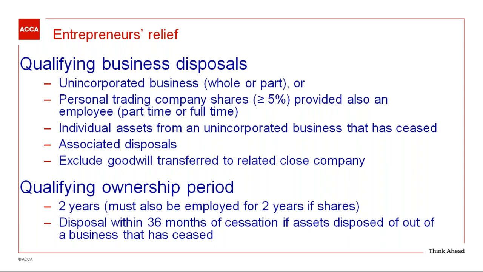So if the business is converted into a closed company, on goodwill you cannot claim entrepreneur's relief. Normally on goodwill, you can claim entrepreneur's relief. But if the business is transferred to a closed company, on other disposals you can claim entrepreneur's relief, but not on goodwill.